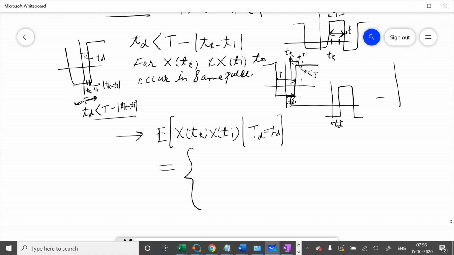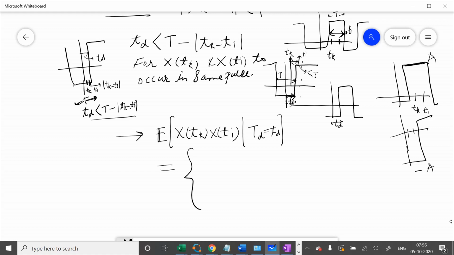See, tk and ti can lie in the same pulse, then the amplitude of the pulse will be a, or it can be minus a.